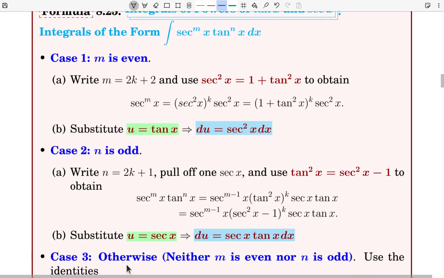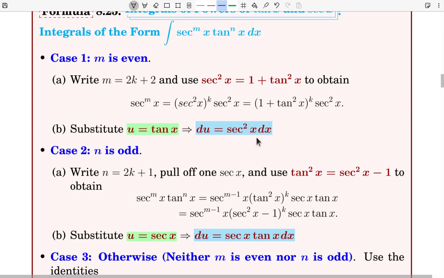If you want to make the substitution u is sec x, then du must be sec x tangent x. So when you change the format, you have to put aside that portion, so that everything else must be a function of x.